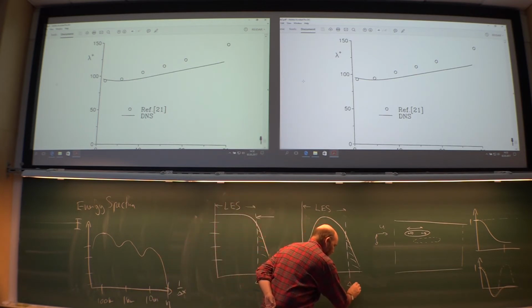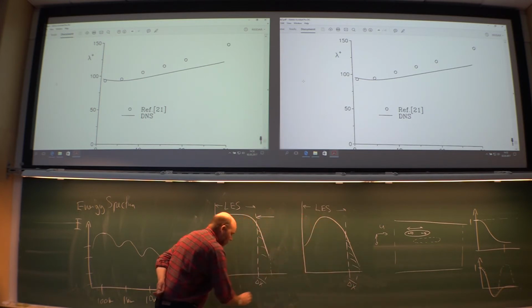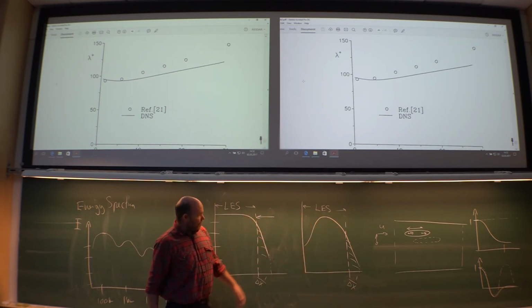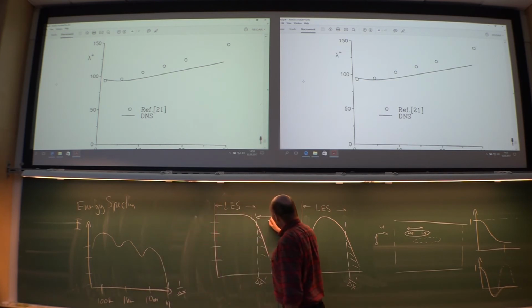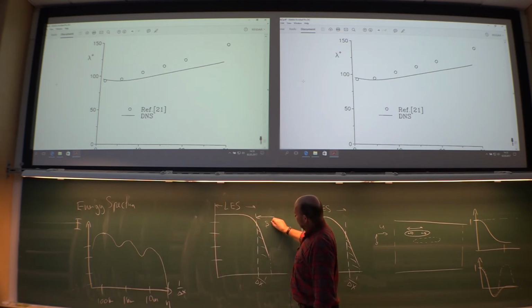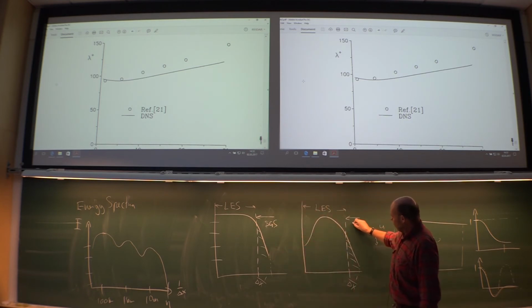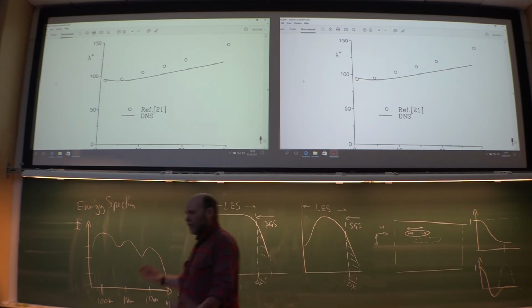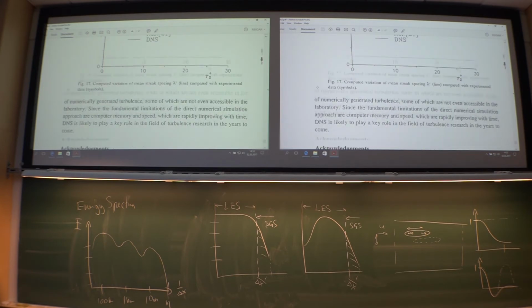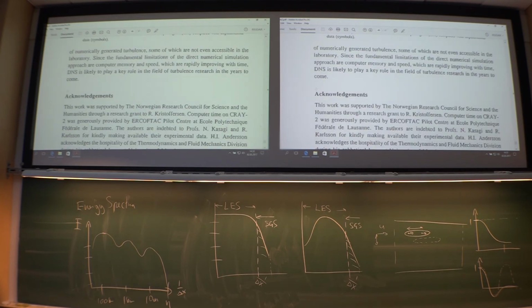That's your grid size. Or actually, its reciprocal, so it's 1 over. And for even smaller scales, you use a subgrid scale turbulence model to cover this part. There you use a very, very simple model like Prandtl's mixing length, not a transport equation, just an algebraic turbulence model. Very, very easy.